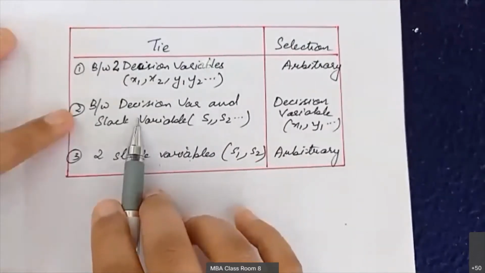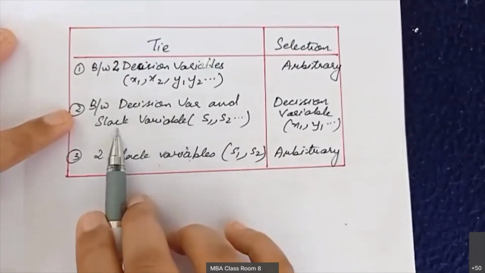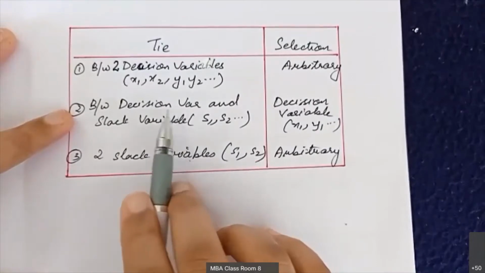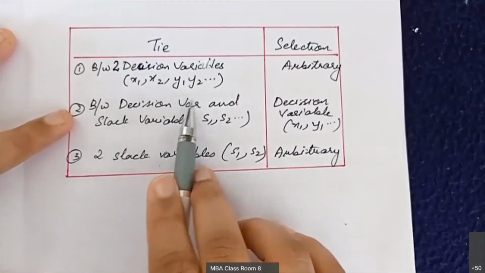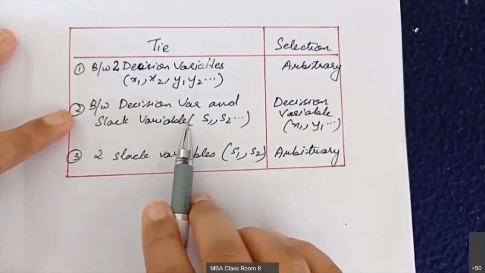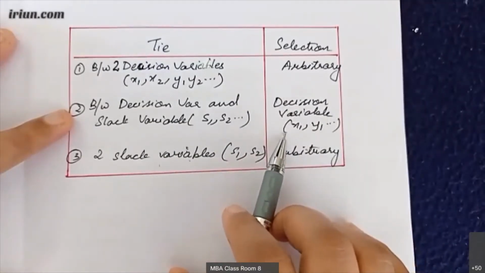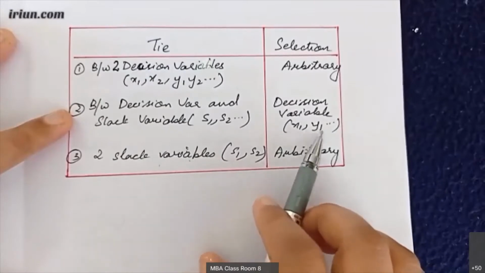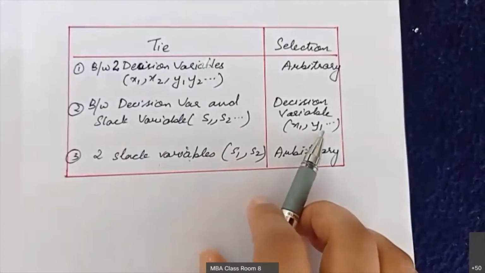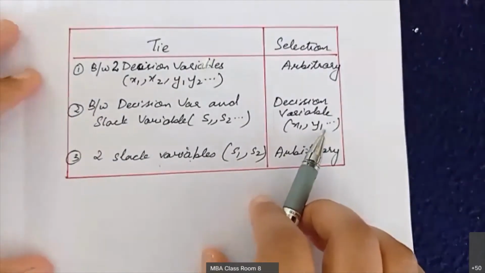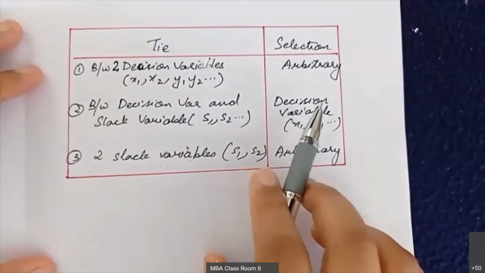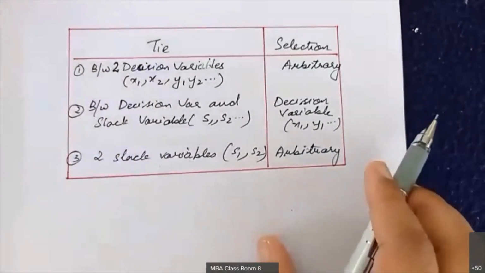But when we have a tie between a decision variable and a slack variable, or between a decision variable and a surplus variable, we have to choose the decision variable. They are represented by x1, y1, x2, y2, or x and y. So we have to select the decision variable as the entering variable. Hope it is clear.